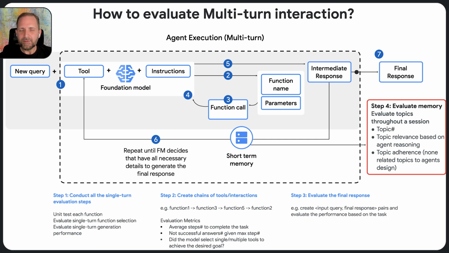So we need to check, okay, do we have persistence on the topic that the agent used to talk about? Do they deviate? Do we have relevance to the question that it asks? And this is the last big evaluation topic. As I said also earlier, this is just a small list of metrics that we can use. We will have a different video for evaluation in order to deep dive more on those.